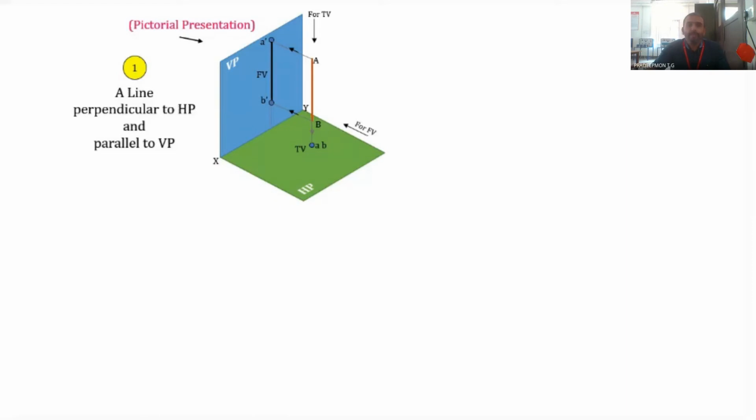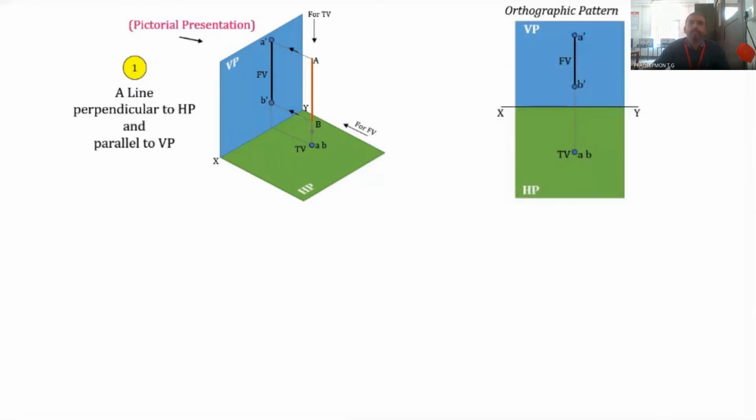Now we convert this into a two-dimensional drawing. For the orthographic pattern, that is the two-dimensional drawing, it will be like this. This line XY, you know how to draw it. Now we draw a perpendicular line, or a projector line, so that we can mark the top view and front view on it. This perpendicular line will represent the projector line as well as the front view, since a part of it will represent the front view.